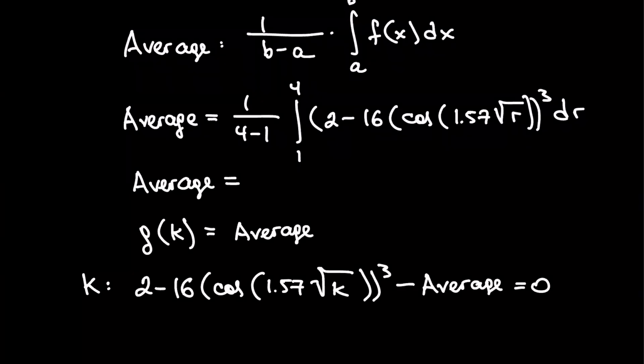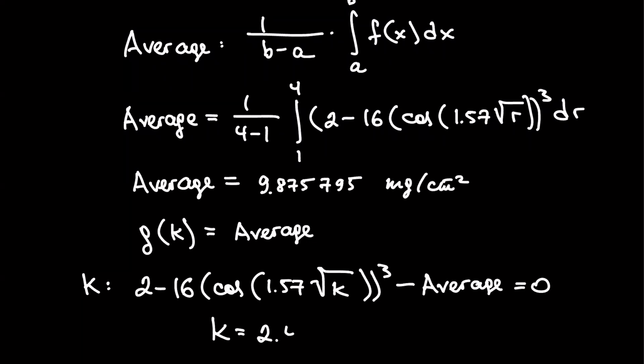As we just calculated, the average density on this interval is 9.875795, and this is milligram per centimeter squared. And then k is equal to 2.497, and this is in centimeters.